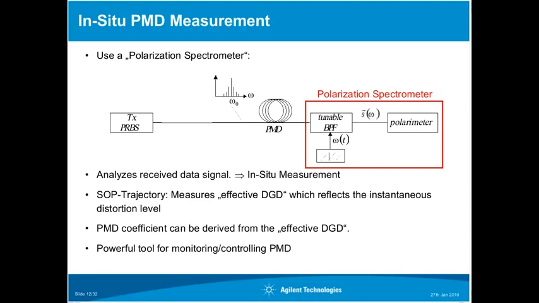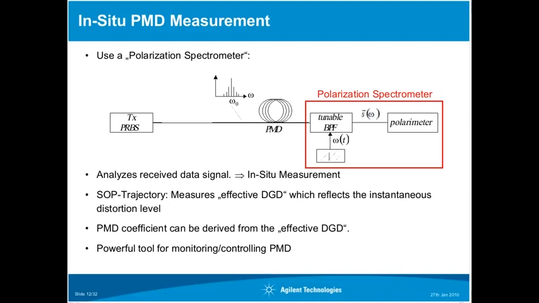Differential group delay is a parameter of the link. It describes the link. But effective differential group delay describes your signal. It describes how strongly your signal is affected by differential group delay.